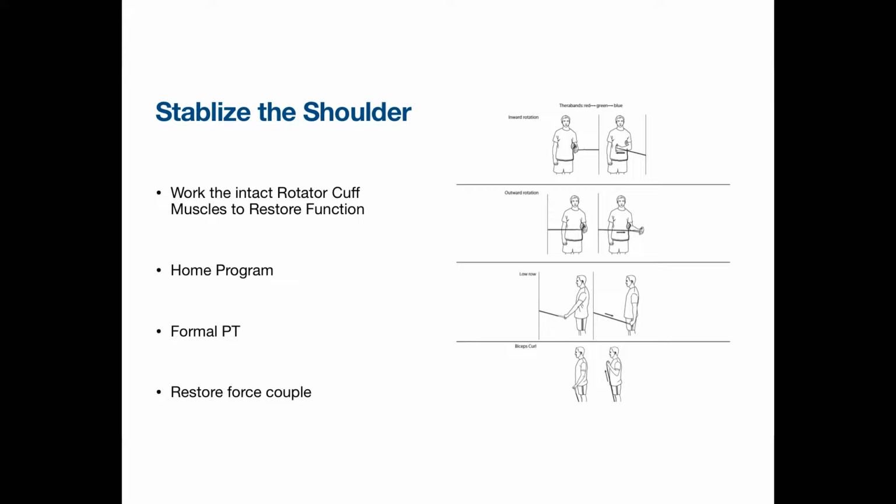So the 2 tendons in back, the infraspinatus and teres minor, are aided by external rotation against some resistance because that's going to strengthen them. And then the 2 remaining are going to help with the biceps and the low row. So those are 4 exercises that are on the AAOS website that will go into more detail on how a person could potentially gain some improved function and help their force couple and stabilize the shoulder absent a surgical intervention.